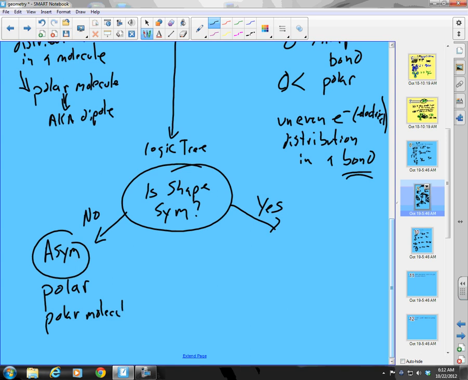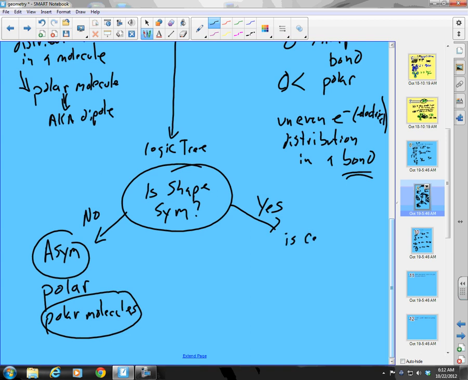So anytime you have trigonal pyramidal, seesaw, square pyramidal, all of those are always polar molecules. Good. What if my shape is symmetric? Well, then we have to place another question. Here it is.